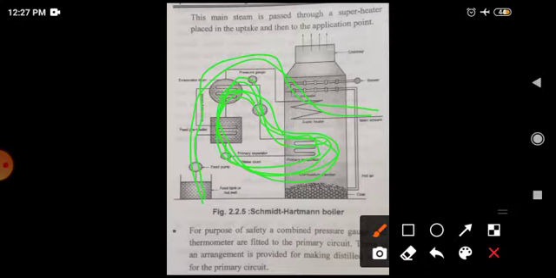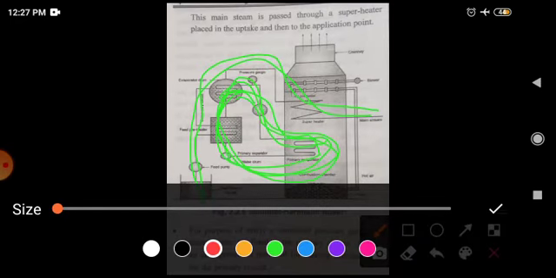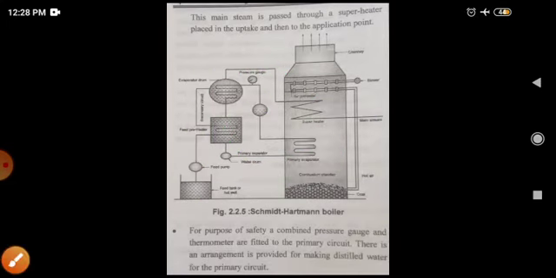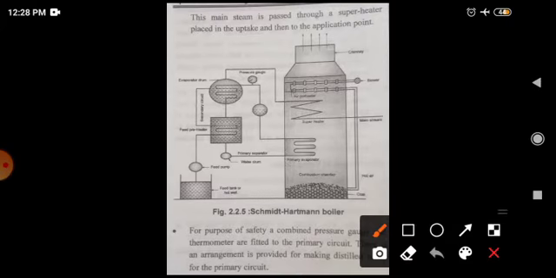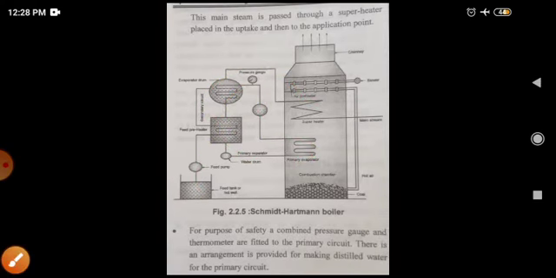Because as it is distilled water, it will not form any sludge or clog any tubing of that boiler. This is the advantage, and it gives a very good heat transfer rate. That's why in this first circuit, distilled water is used, which heats the feed water and produces steam from the second water.